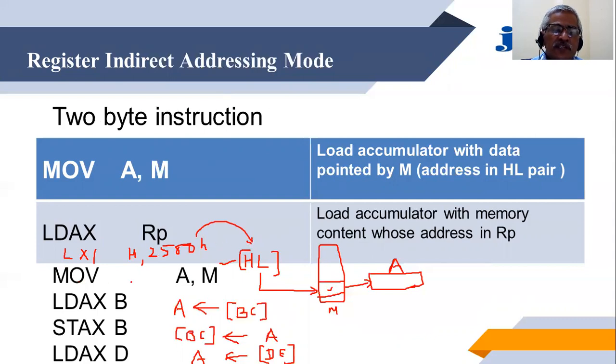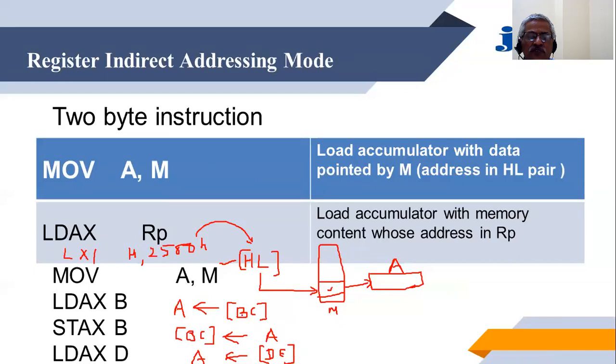LXI H means load the immediate 16-bit value into the HL pair. So by writing this, your HL pair will contain this value. When the instruction is written as MOV A, M, here M refers to HL, which holds the address. So when we open M, that is HL, we are basically getting the value 2500, which is referred to as an address of the memory, from where the data will be loaded into the register A. Similarly, other instructions of this category are LDAX B, load the accumulator from the 16-bit address given in the register pair BC.